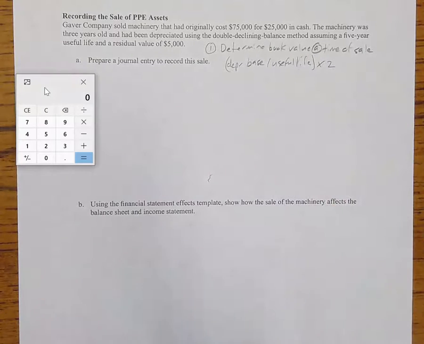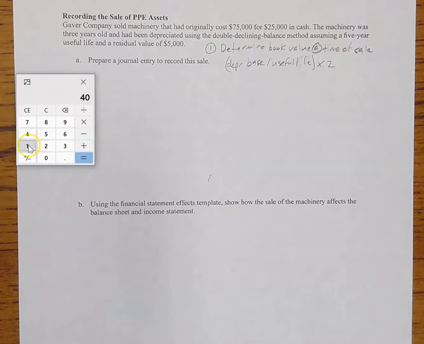Now our useful life is 5 years, right? And if we were to take 100 and divide it by 5, we come up with 20. So 1 year is 20% of a 5-year useful life. But we're using the double declining method, so this 2 converted into a decimal is going to be 40%, right?